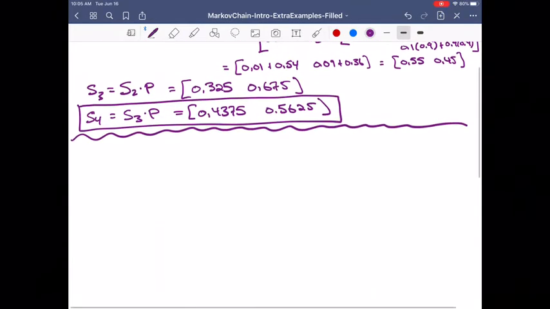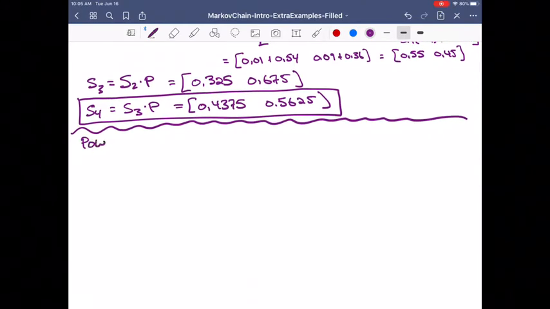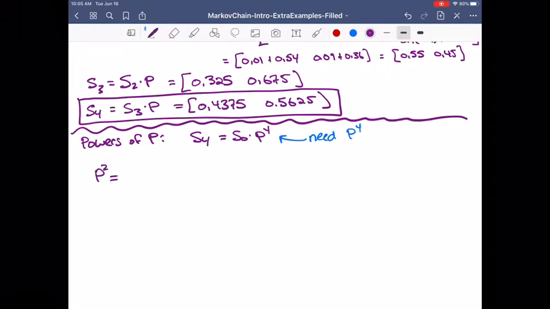Okay, so then using powers of P, S4 is S0 times P to the 4. So we need to compute P to the power 4. We're going to start by computing P squared. So that's taking P and multiplying it by itself.